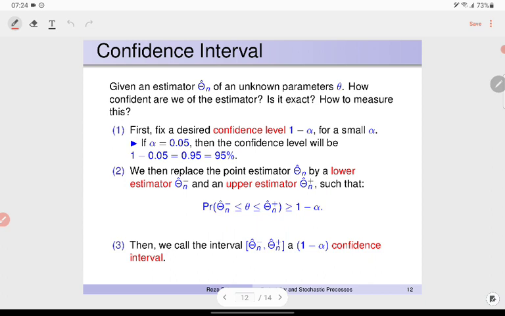Now, once we fix the confidence level, we no longer deal with a point estimator, namely an estimator with just a particular value.